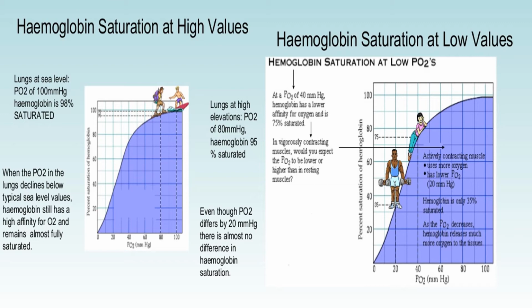For the lungs at high elevation, the partial pressure is 80 mm of Hg, and the hemoglobin is still 95% saturated. Even though the partial pressure of oxygen differs by 20 mm of Hg, from 100 to 80 mm of Hg, the hemoglobin shows equal affinity for oxygen.